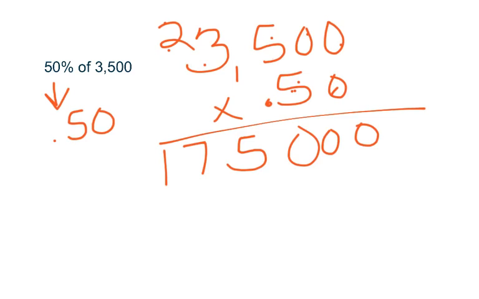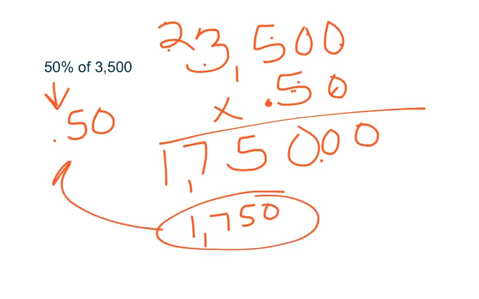So 2 decimal places is right here, and so then I count 3, so 1,750 is the correct answer for 50% of 3,500. Go ahead and work on page 289. Make sure you pause the video, rewind, so you can continue to understand how to find percent.